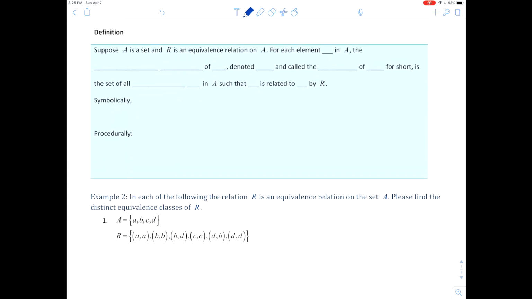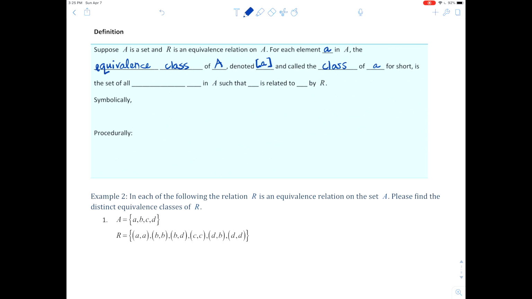So here we go. Another definition. Suppose A is a set and R is an equivalence relation on A. For each element, lowercase a, in the set A, the equivalence class of A is denoted with the brackets and the element A, and it's called the class of A for short.